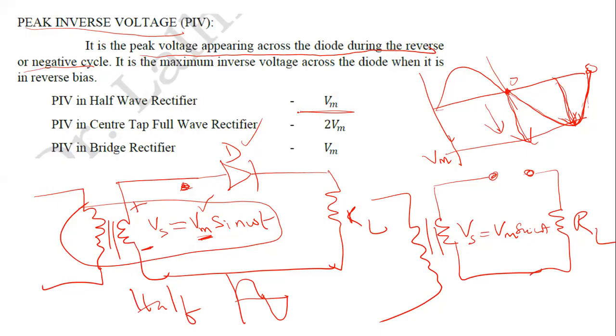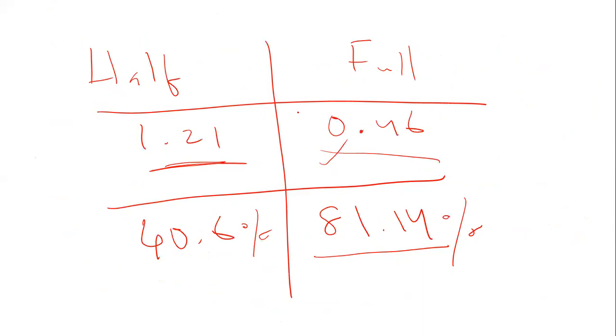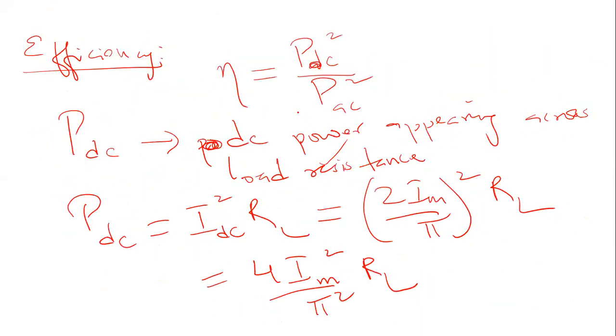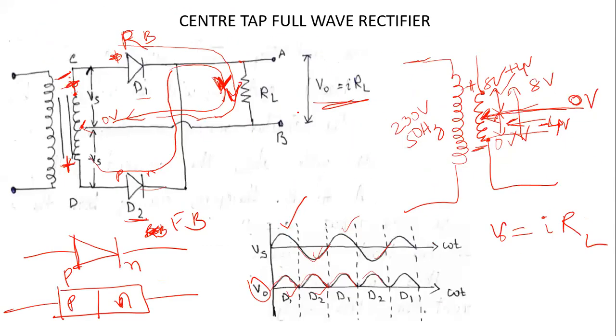Now if you look at this full wave rectifier, here if you look at this center tap transformer, Vs is Vm sine omega t, and the other Vs is another Vm sine omega t. So during the negative cycle, that is, this side is positive, this side is negative, this diode D1 is under reverse bias.